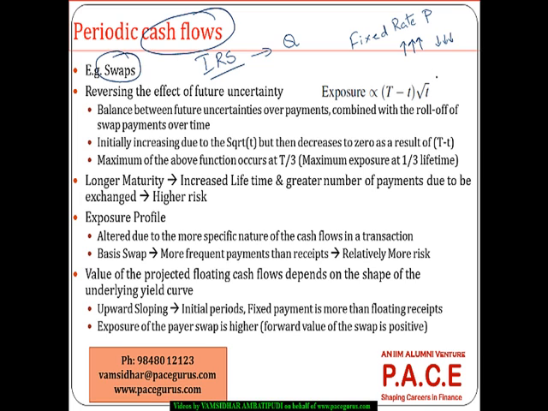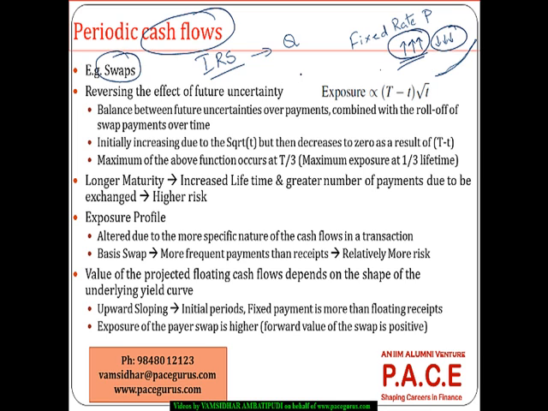Because if I assume that the term structure of the interest rates is upward sloping, it is expected that the floating rates are going to go up in the future. But a fixed rate should pay a fixed amount. So what we generally see is, in the initial period, the fixed rate payer pays much more compared to the floating rate payer, which means in the future he is going to receive more compared to the payment.